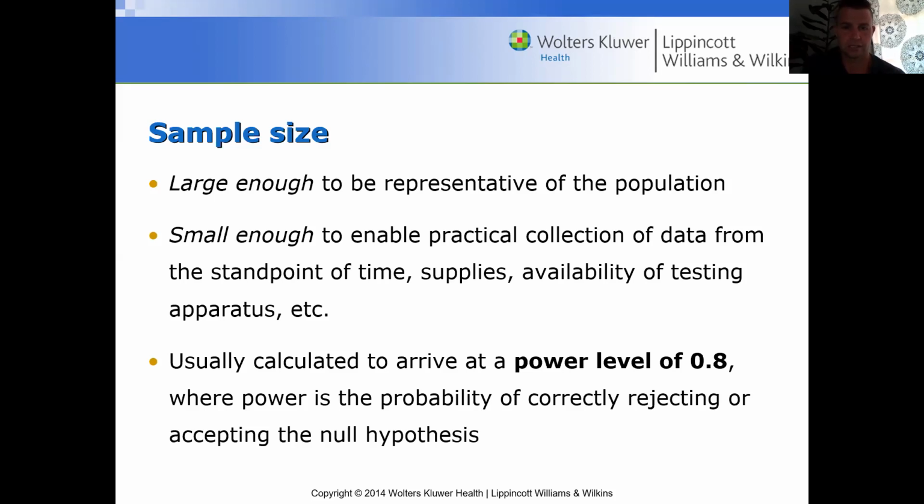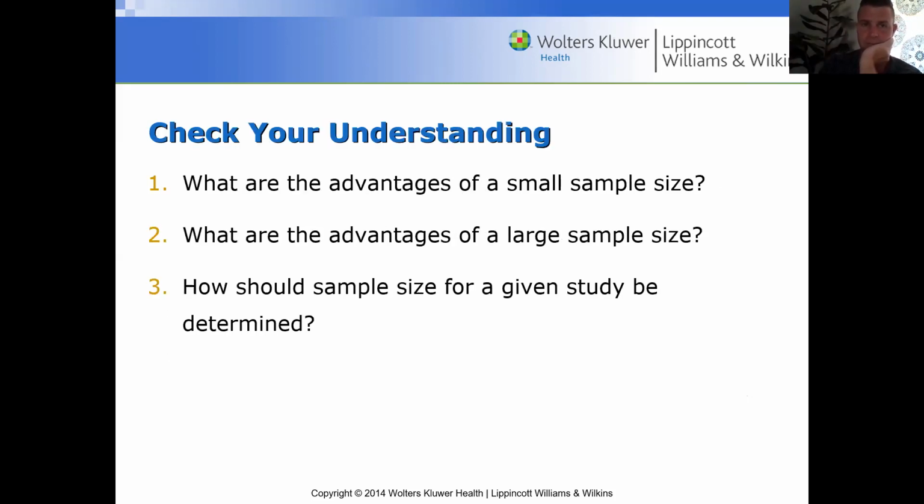So we calculate this to arrive at power levels. The power level we looked at is 0.8, or 80%, where the power is the probability of correctly rejecting or accepting a null, right? So with the alpha you're looking at 95%, and then we need an 80% basically with the power level, okay?